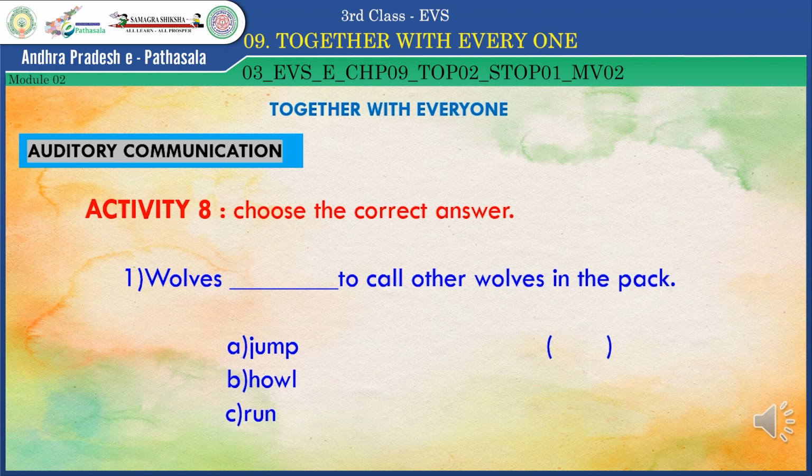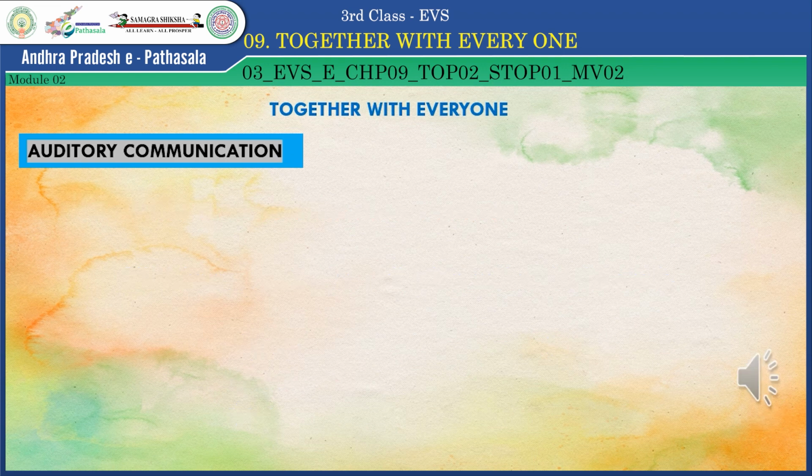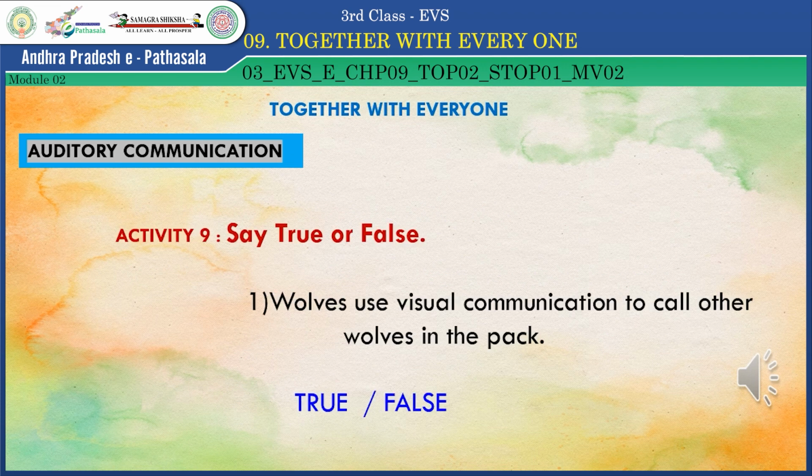So, answer B. Are you ready to do the next activity? Let's go. Children, say true or false. Wolves use visual communication to call other wolves in the pack. Is it true or false? Take a bow, children. Answer is false.